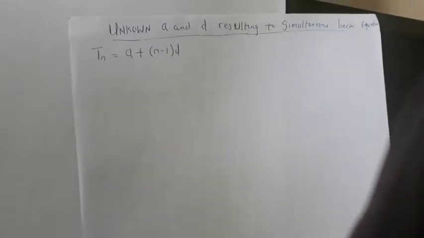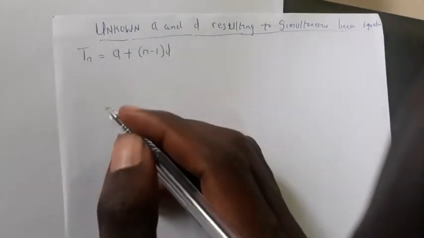You will be told to look for the first term and the common difference, or you will be given the fifth term, the 10th term, and you will be asked to find the 50th term. If you want to get the 50th term, you have to first and foremost check for the first term and get a common difference before you can use this formula.